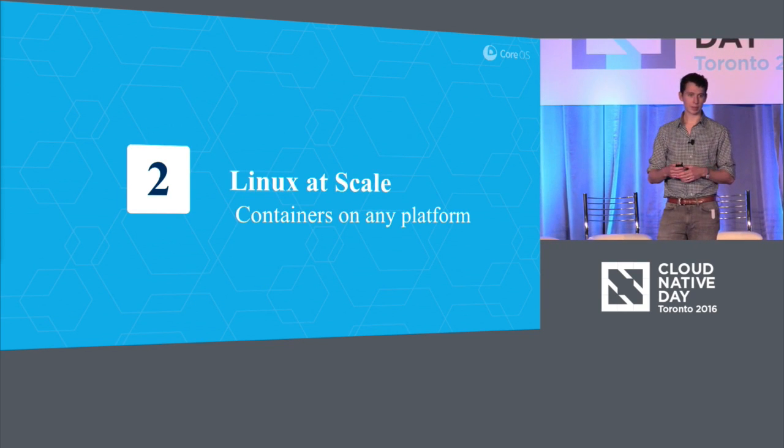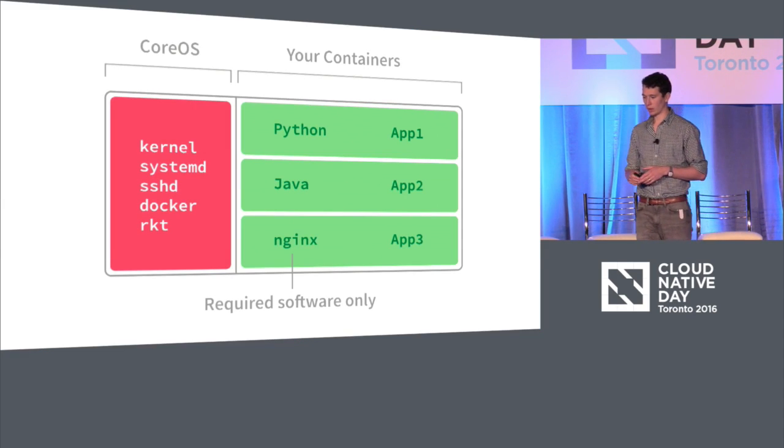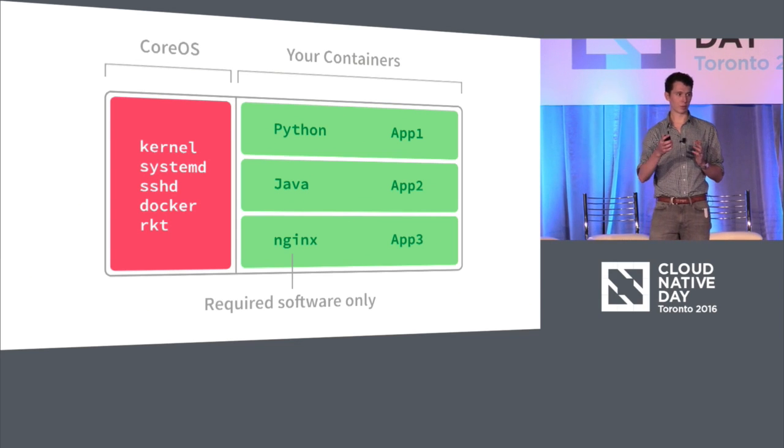Next piece is Linux at scale, and really this is a plugin of a sort as well, a place where people can make their infrastructure choice and still be able to adopt this style of infrastructure. Because the requirements have shrunk down so much of what the Linux operating system is, we've seen this explosion of container-focused operating systems.